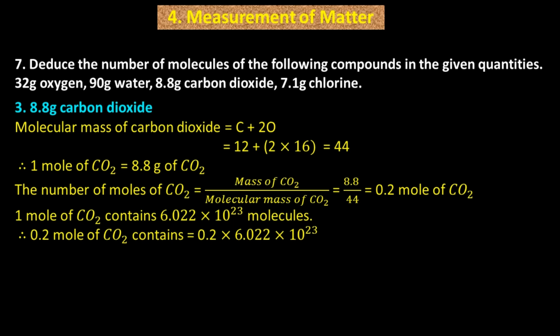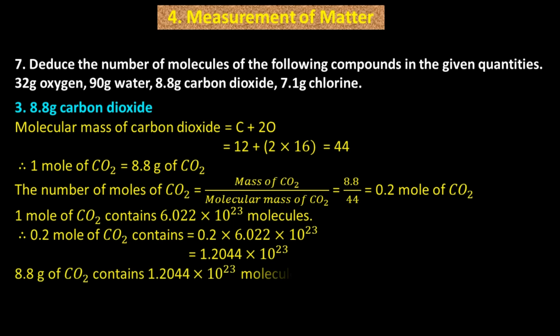Therefore, 0.2 mole of CO2 contains 0.2 multiplied by 6.022 multiplied by 10 raised to 23, is equal to 1.2044 multiplied by 10 raised to 23. Therefore, 8.8 gram of CO2 contains 1.2044 multiplied by 10 raised to 23 molecules.